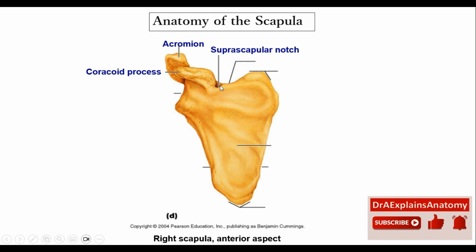This notch right here is on the superior border, so it is the suprascapular notch. It's a U shape. This right here is the glenoid cavity, which receives the head of the humerus, which is the bone in your arm.